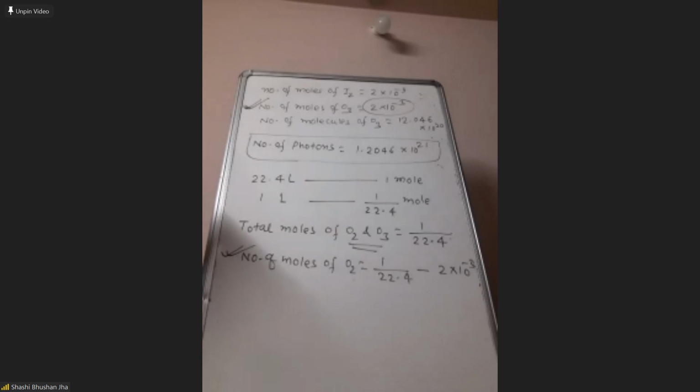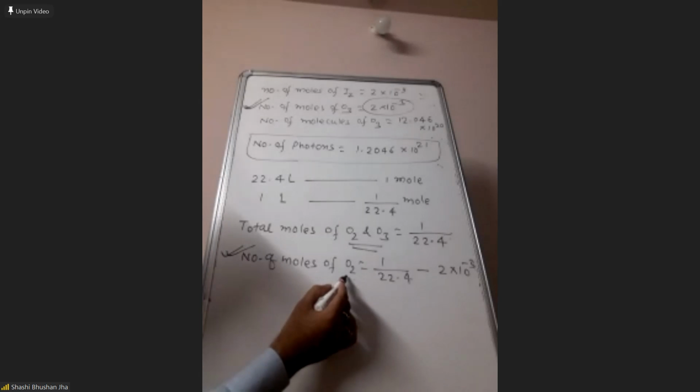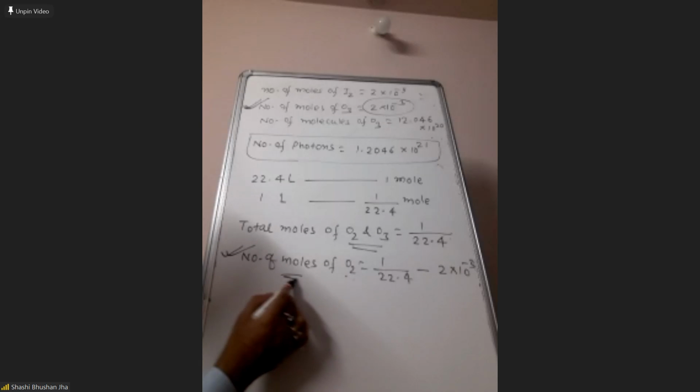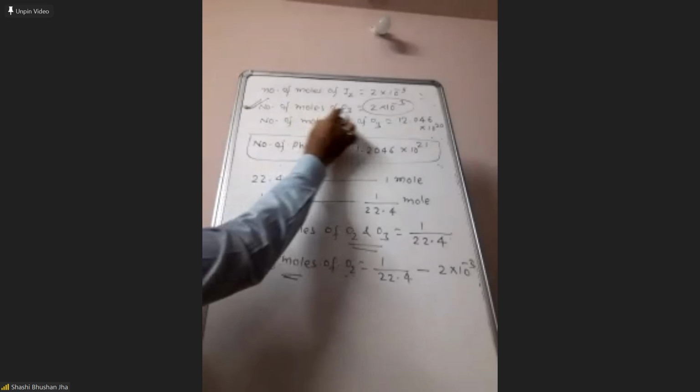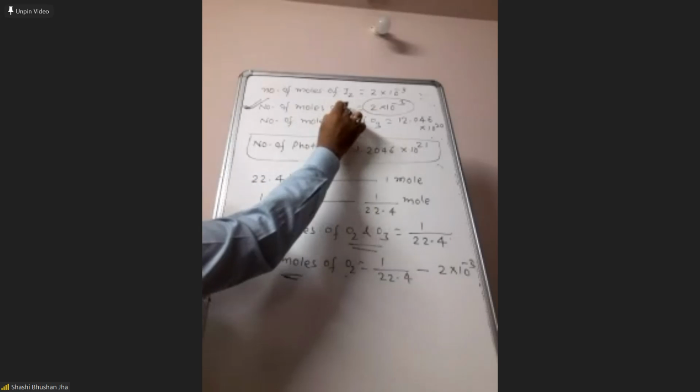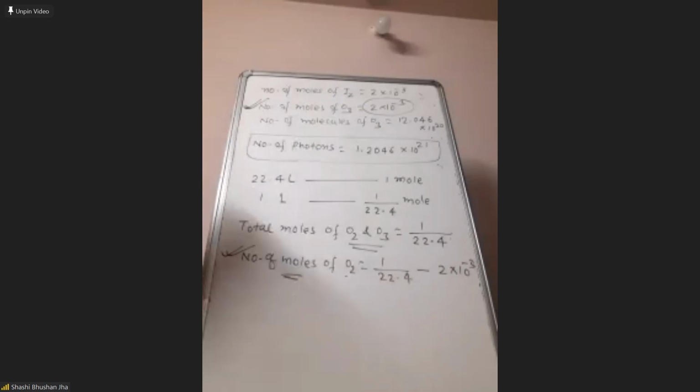After getting number of moles of oxygen, if you multiply it by 32, you will get the mass of oxygen. And if you multiply the number of moles of ozone by 48, you will get the mass of ozone. So you will get the mass of oxygen and mass of ozone in the mixture. Then after that, mass percentages can be easily calculated. It will come 6.57.